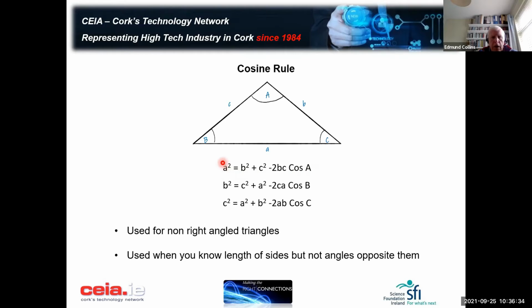One way to remember it is that this A here is the angle opposite the side a, and then b and c are the other two sides.